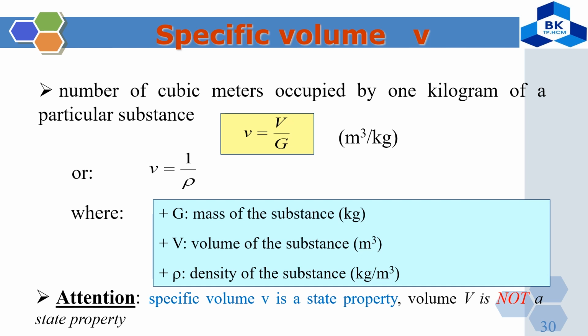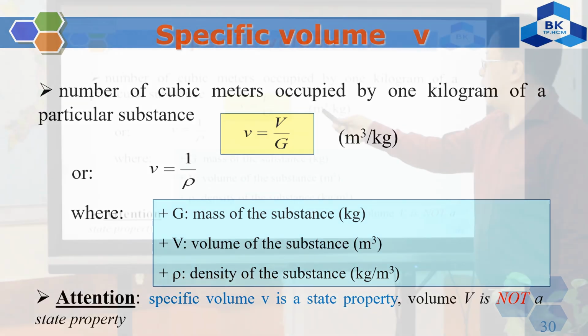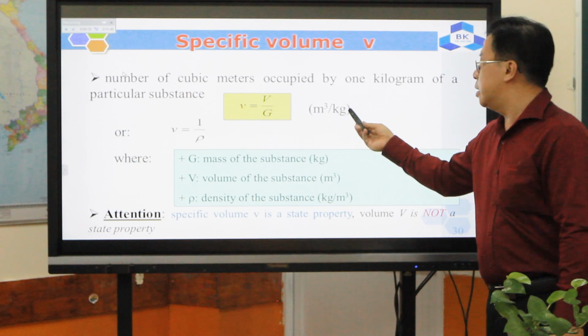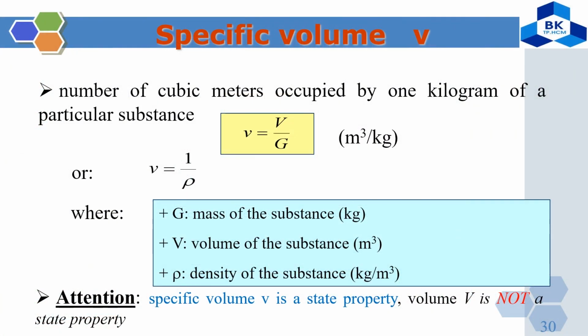In this case, m is the mass of the substance, the unit is kilogram. The capital V is the volume of the substance, the unit is cubic meter. So of course, the unit of the specific volume will be cubic meter per kilogram.